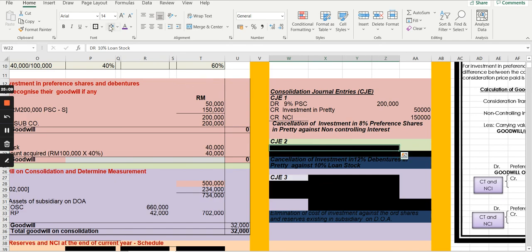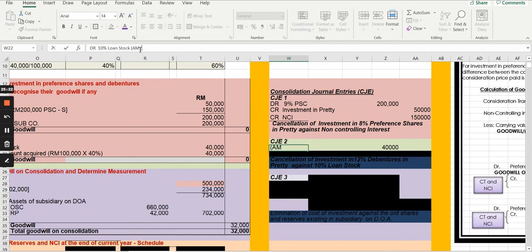For debenture, you need to debit the loan stock or debenture for the amount acquired, based on the percentage of the amount acquired.